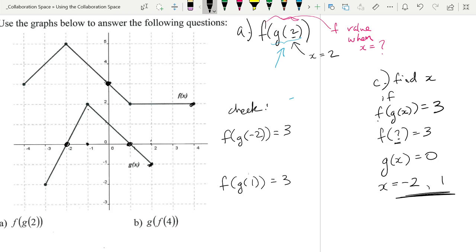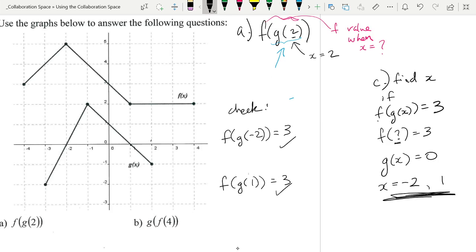Let me erase those points so they don't bias me. When x is -2, on the g function, I get 0. When x is 0, I get 3. Check. On the g function, what is the y value when x is 1? It's 0. And we already know f of 0 is 3. Check. So that's my answer.